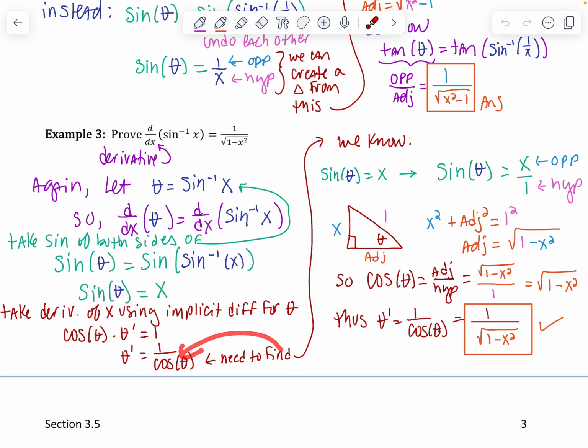We need to find the cosine of theta. So we had said that the sine of theta is x, right? I've just copied that over here. And we can think of that x as x over 1. And we know that the sine, SOHCAHTOA, is opposite over hypotenuse. So back to my right triangle, back to putting theta in an angle.